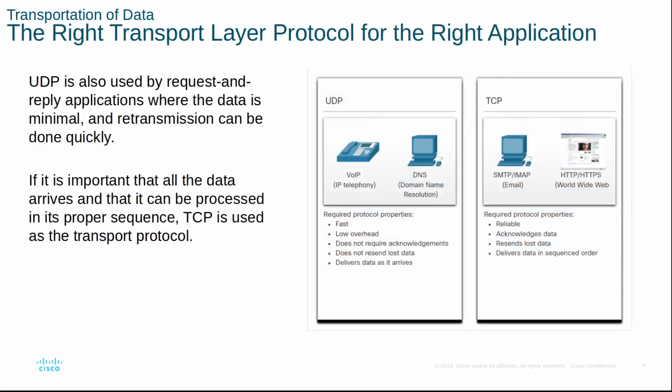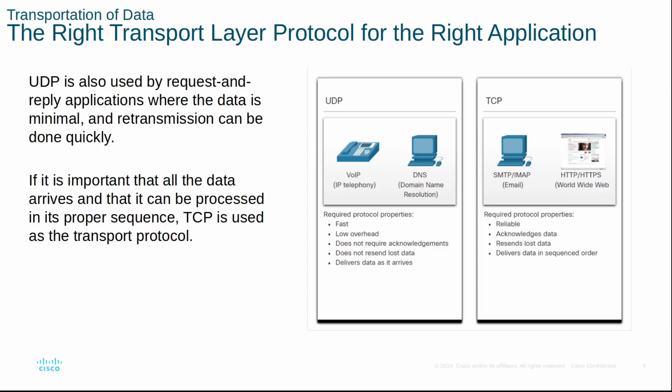So UDP is used by applications that require very low latency. If it's important that all the data arrives and can be processed in the proper sequence, and gets put back together, you use TCP.